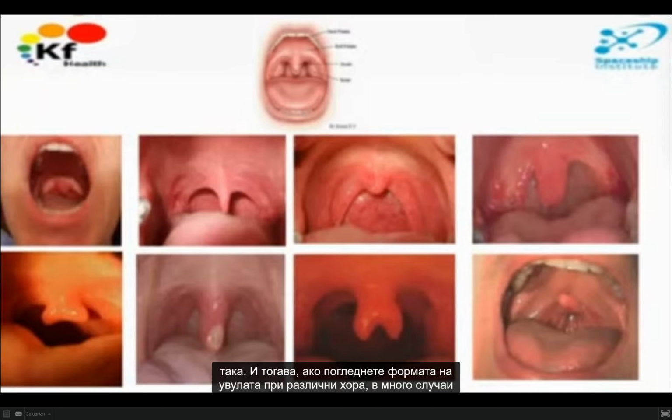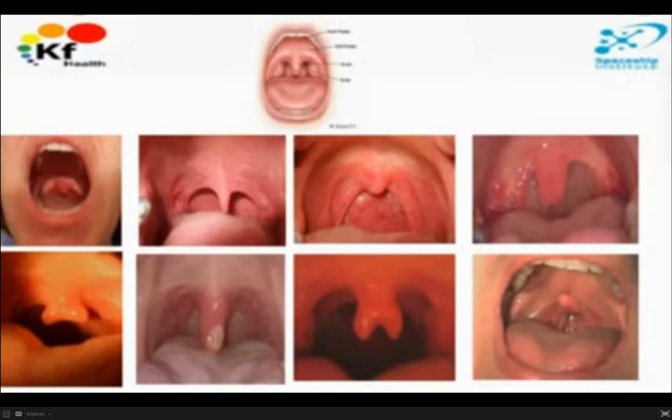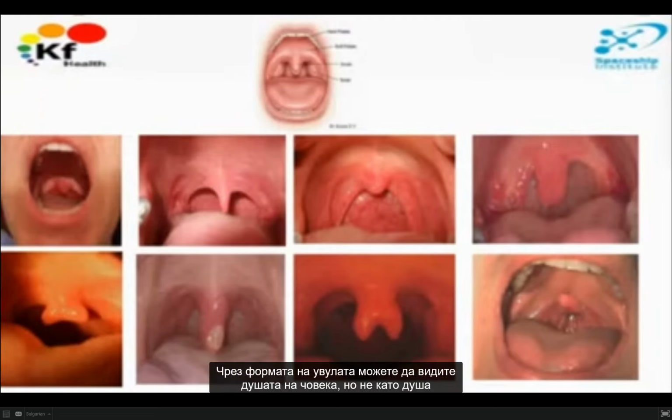And if you look at the shape of the uvula in different people, you can very much see the characteristics of the person. I do this quite often. Through the shape of the uvula, you can see the soul of the man, but not as a soul, but the behavior of the man.